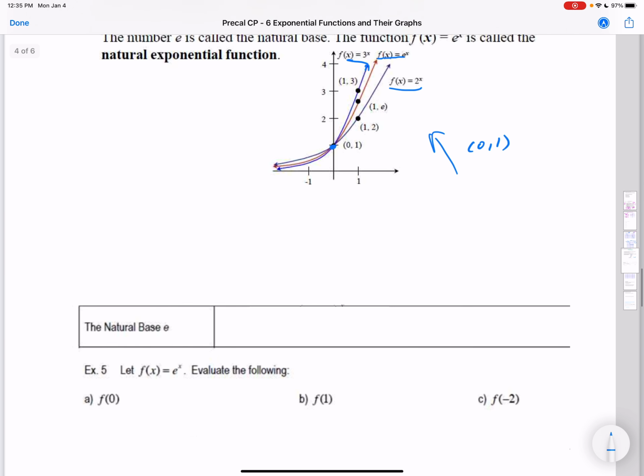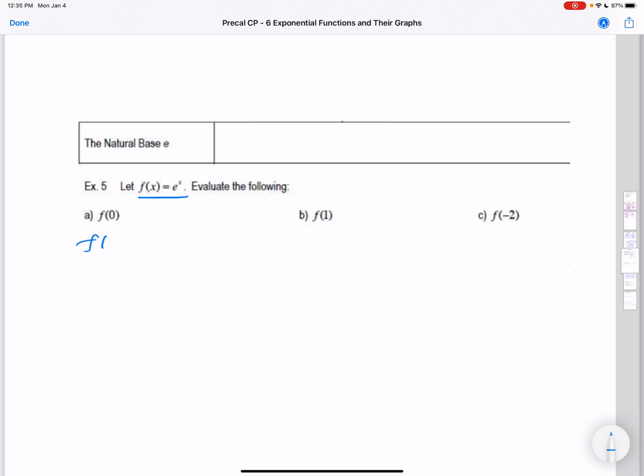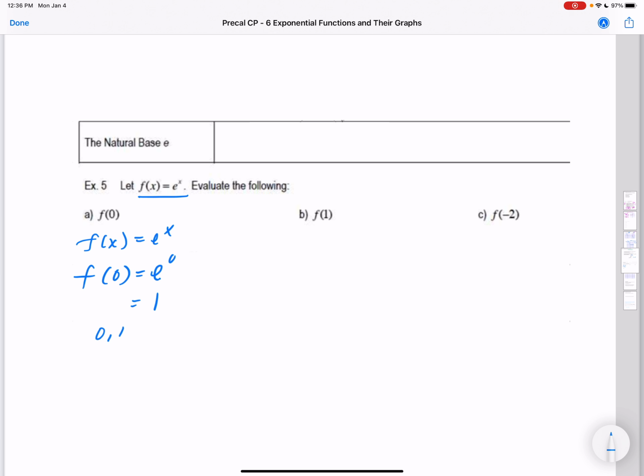We can evaluate those by just plugging in numbers, and this should be familiar. If we have the function f(x) = e^x, what is it when x is 0? I substitute a 0 in, and that would be 1, right? Anything to the 0 power is 1, so (0, 1), which is that home base point we've used before.